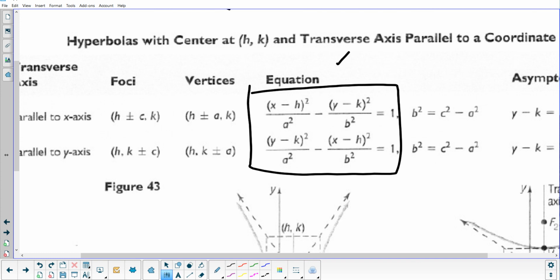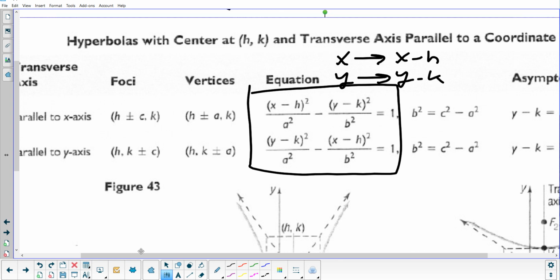If you shift it, x gets replaced with x minus h, and y gets replaced with y minus k. Now, you might look and say, wait, they write the formula different than you do. That's still c squared equals a squared plus b squared. They just have it rearranged. I have it arranged for c squared, they arranged it for b squared.